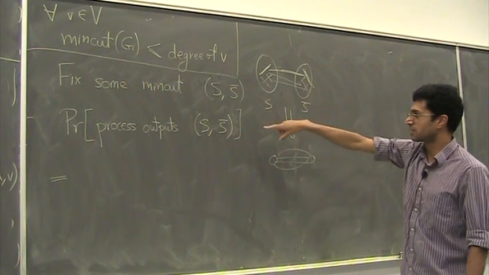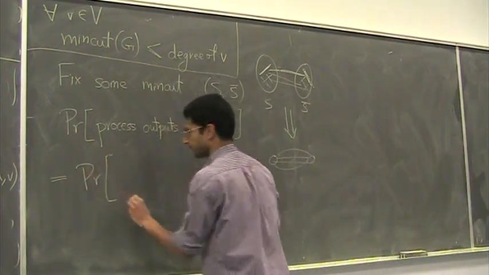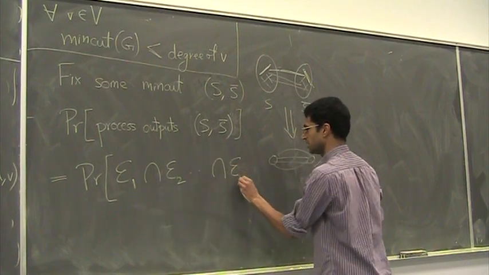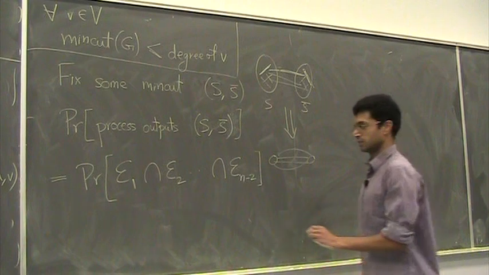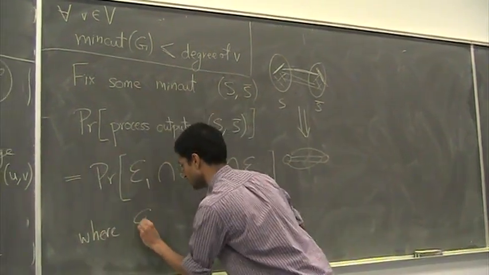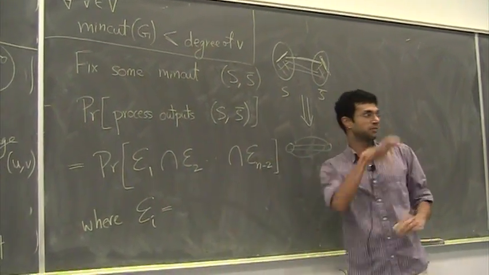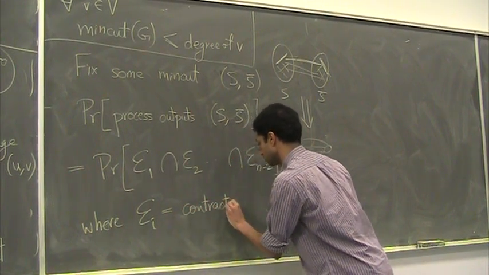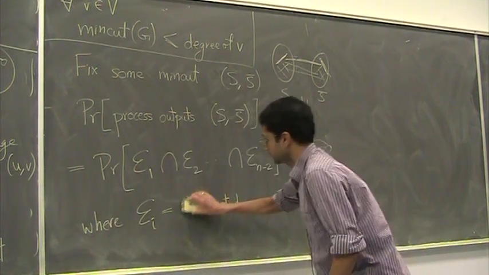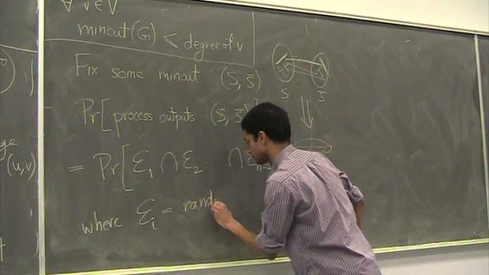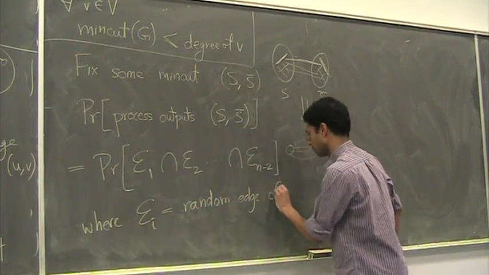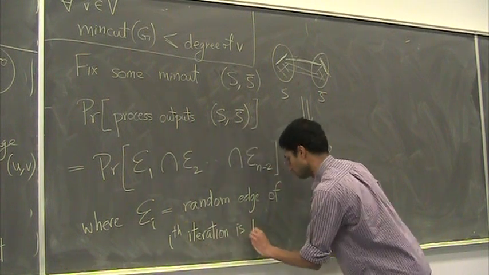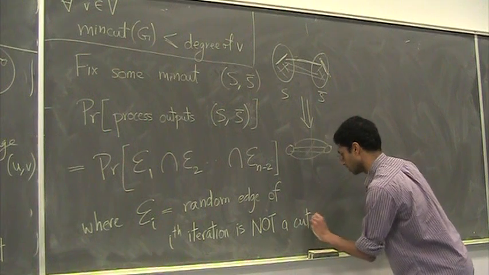Okay. So let me write this as the probability of the event E1, E2, up to E n minus 2, where Ei is the event that the random edge of the ith iteration is not a cut edge.